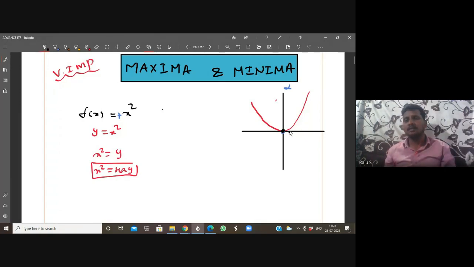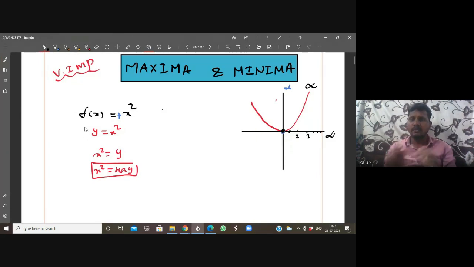See here, x is 1, y is 1; x is 2, y is 4; x is 3, y is 9, like that. When x tends to infinity, y tends to infinity. The maximum or minimum is given by the y value. At what point it is maximum or minimum is given by the x value.